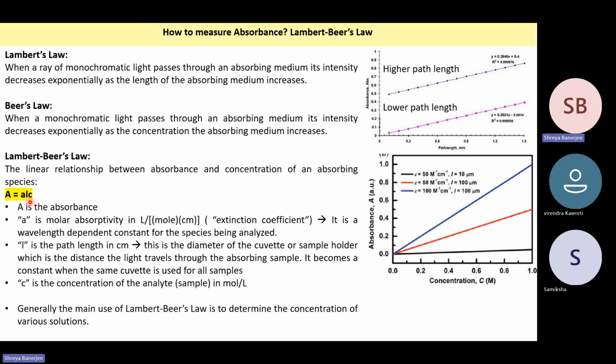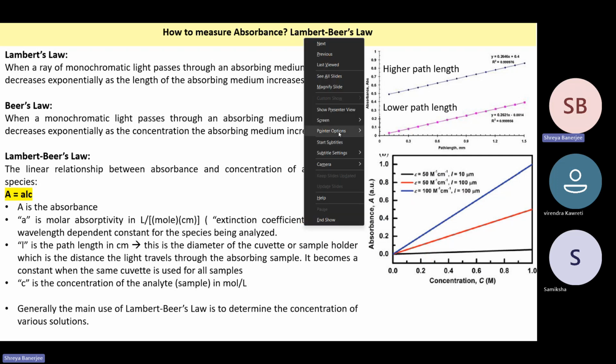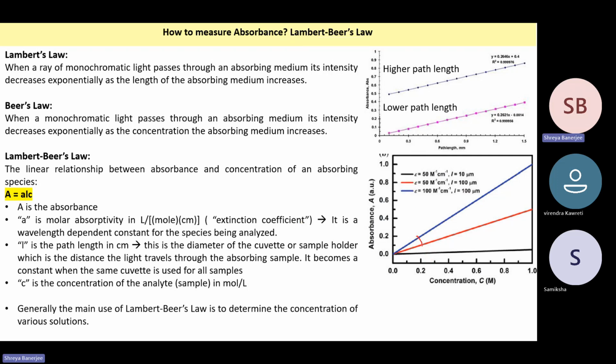We want to find out this epsilon, that is the absorptivity. So we will plot absorbance versus concentration, and we already know the length. The slope of this graph will be equal to epsilon L, and we know L, so we can find out epsilon from this graph. So this graph is just showing how epsilon can be calculated for different compounds.